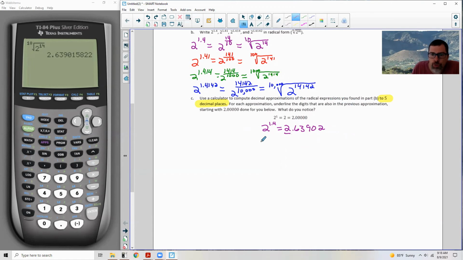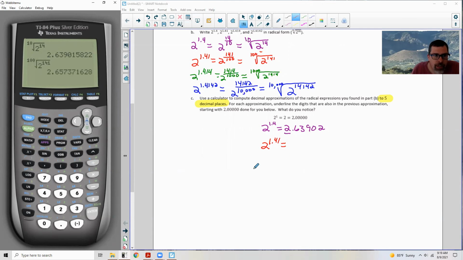Now I'm going to do 2 to the 1.41, which equals, and I'm going to put the radical in my calculator, 100, math, 5 for X root. So there's the 100th root of 2 to the power of 141.